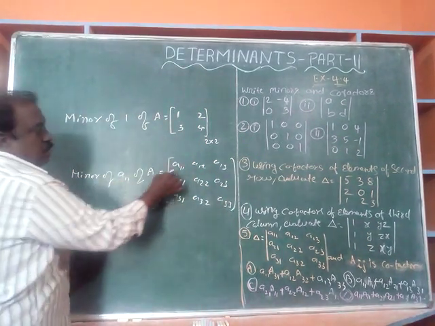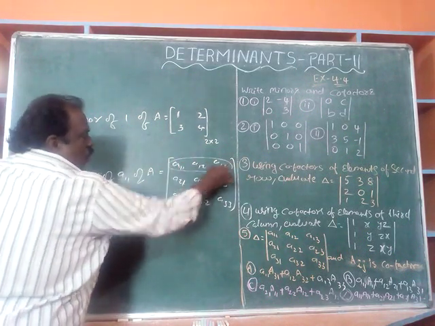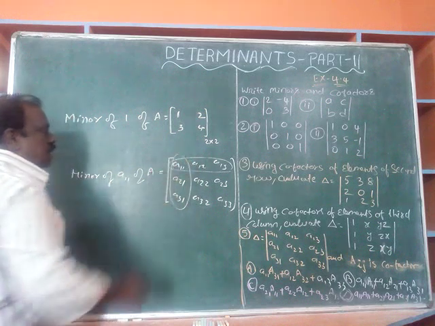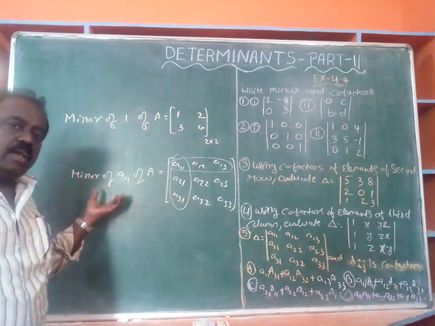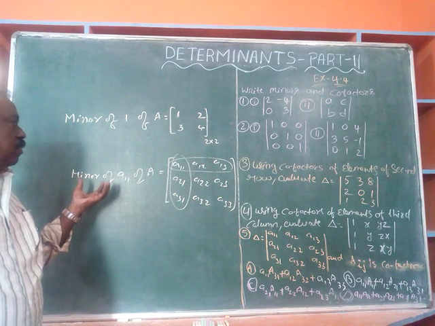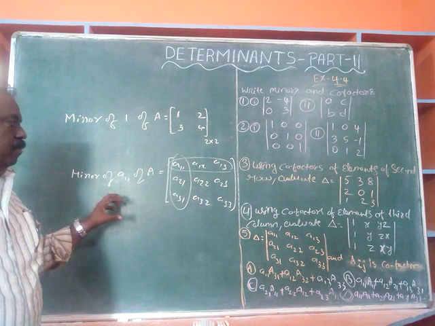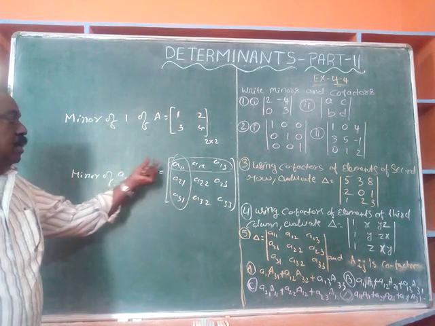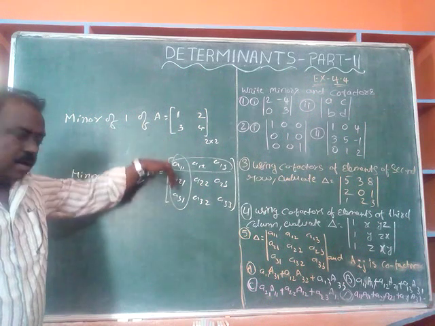For the element A11 we are finding the minor, that element lies in row 1 and column 1.